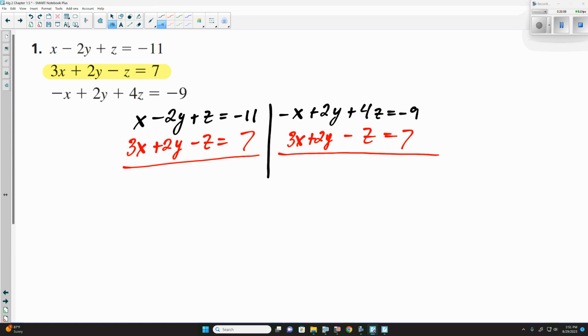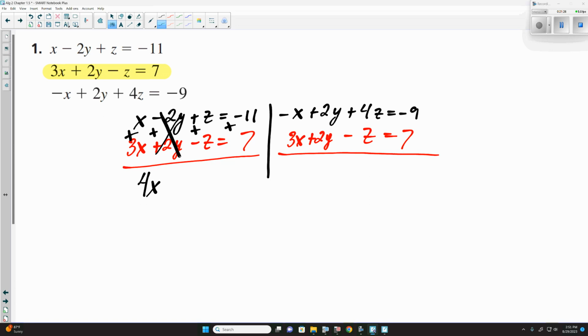Looking at the one on the left, we can add, yes? Because we want to get the y's to cancel. So going left to right, x plus 3x is 4x. Negative 2y plus 2y is 0.